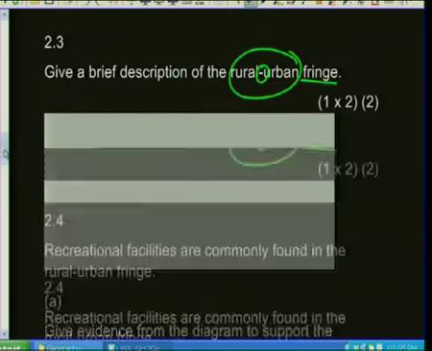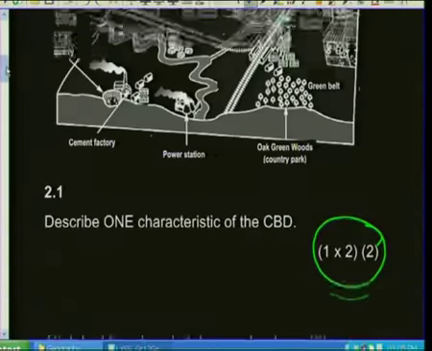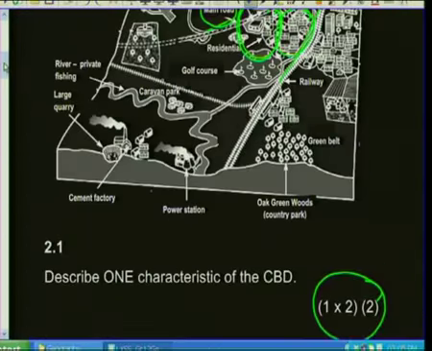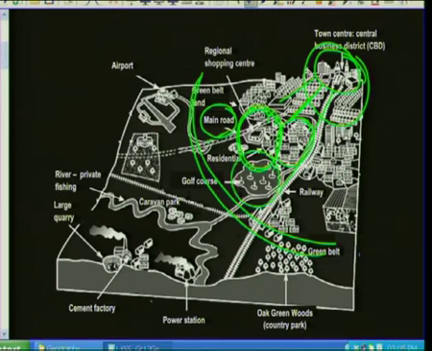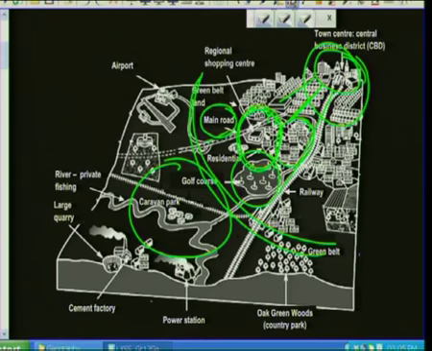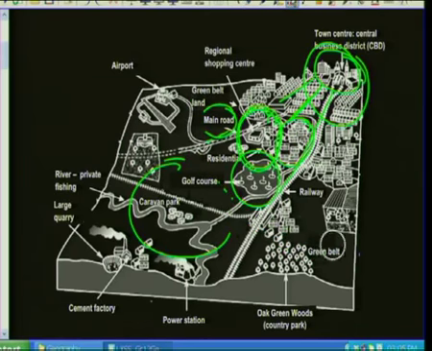So if we take a look at our picture again, our rural-urban fringe is going to be on the outside of the city here. The main city, of course, is in the middle, but the rural-urban fringe is on the outside, where there is a mixture of urban functions, and there's still space here for rural functions. Let's clean this up a little bit.